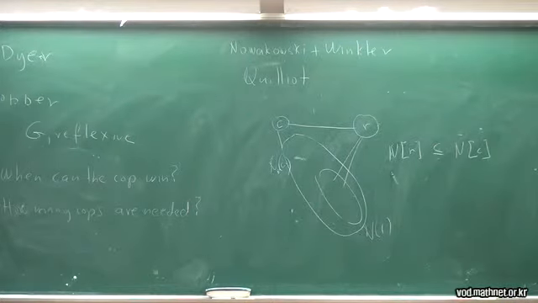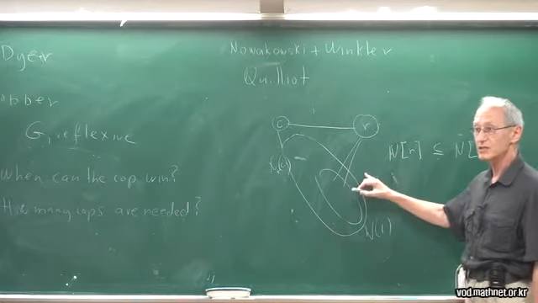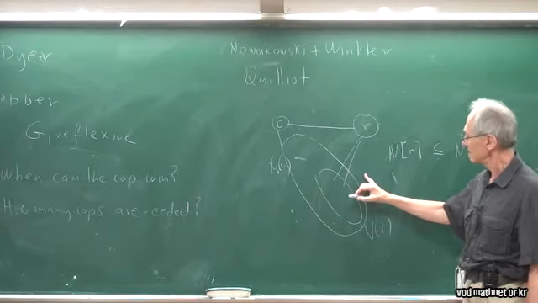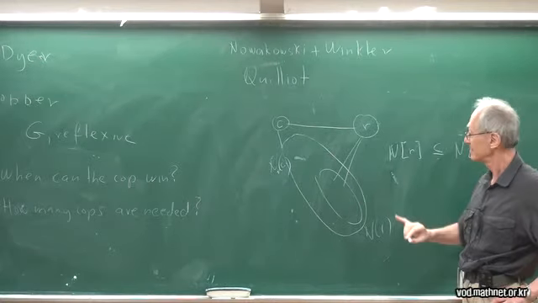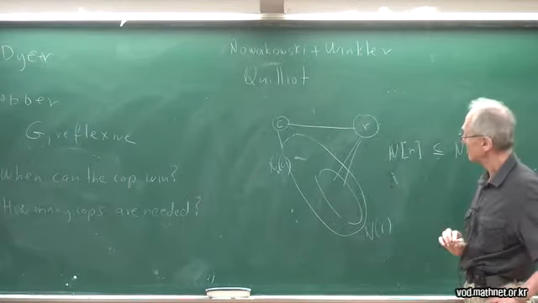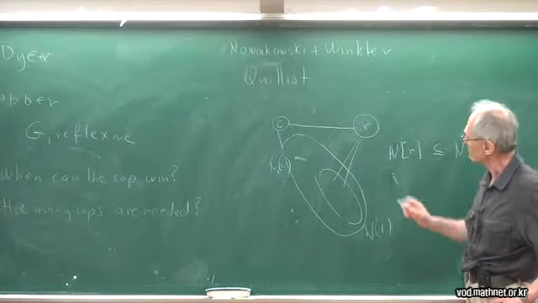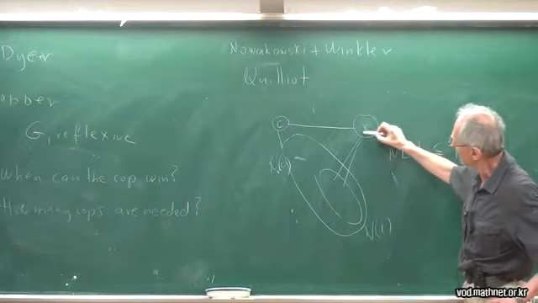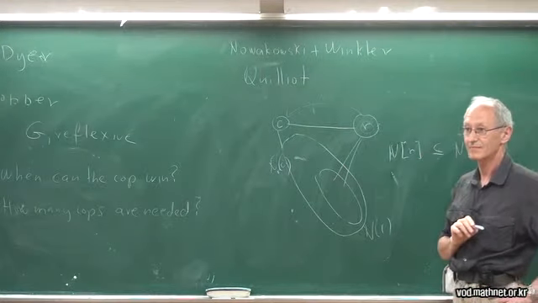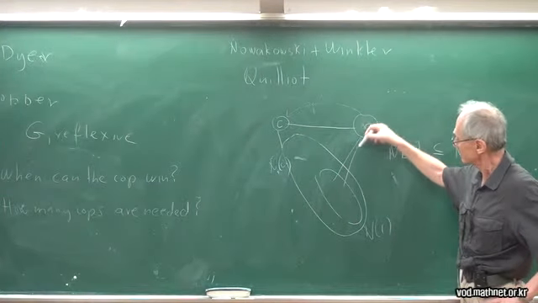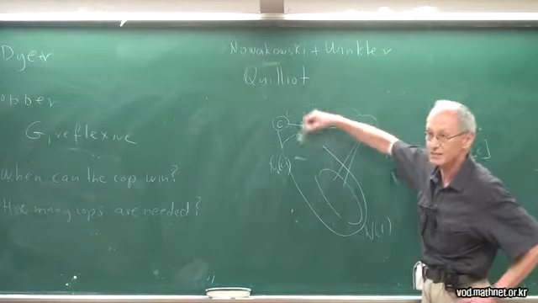Observation number two is that if you have this situation, you can get a retraction from the original graph to a new graph, which is smaller. You just retract this vertex to here. Every edge down here becomes an edge here.